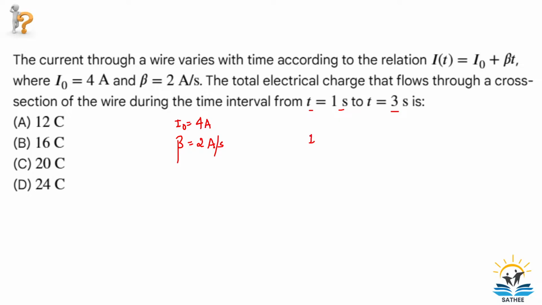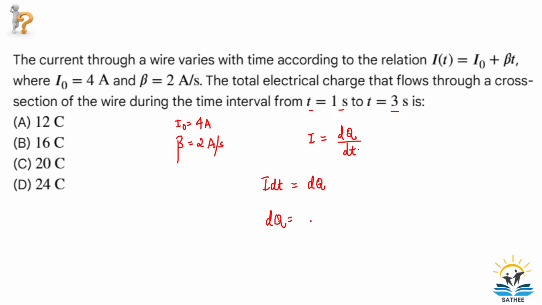So we know I is dq by dt. We have the dependence of current on time, and we want to find how much charge is flowing through a cross section during the time interval 1 second to 3 second. So how can you find this? You can write I dt equal to dq.